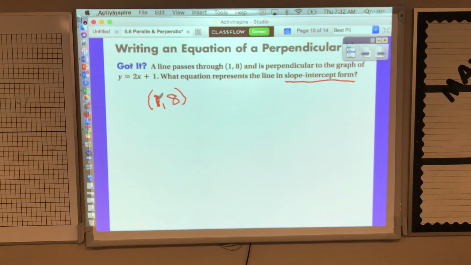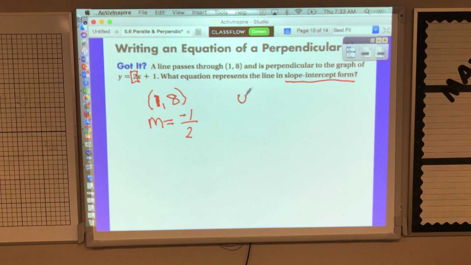And right now my current slope is 2. We've just done that one, so I should know that my perpendicular line needs to have a slope of negative 1/2. Opposite sign, so positive becomes negative, 2 over 1 becomes 1 over 2.